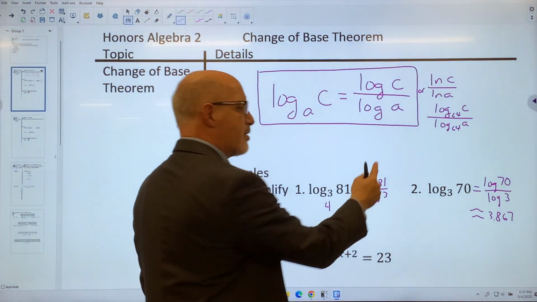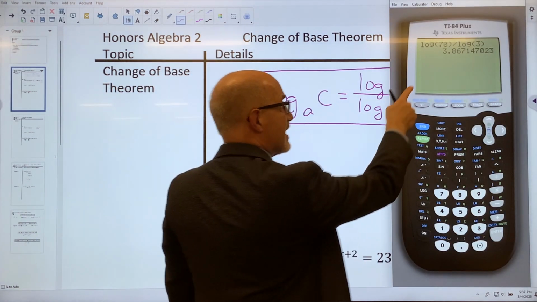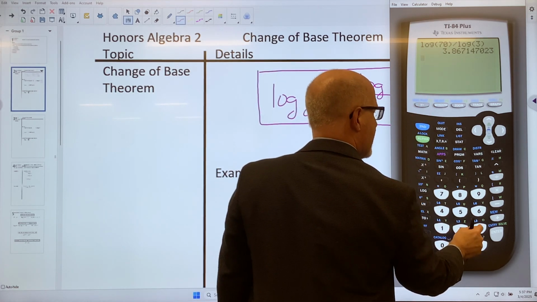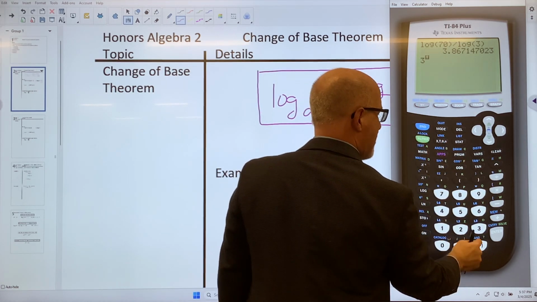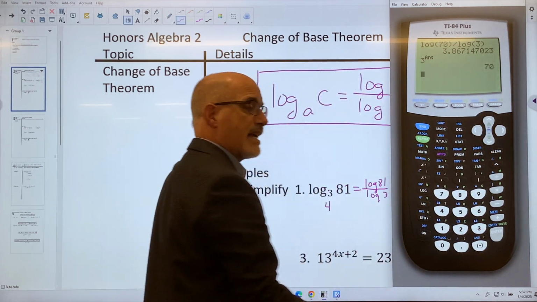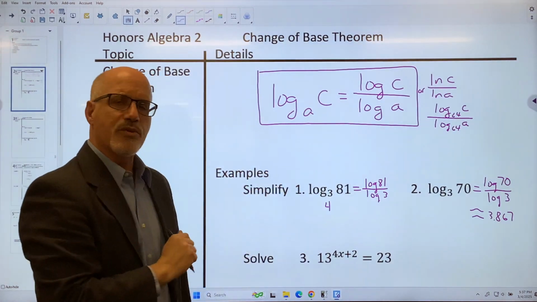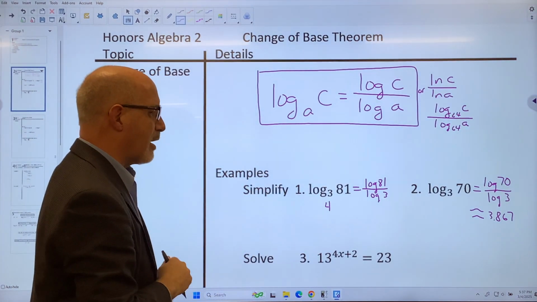If you put 3 to that power, 3 raised to whatever the answer was, you're going to get that 70 out. Now, if you've rounded it, it might give you something close to 70. Just be cautious about rounding.